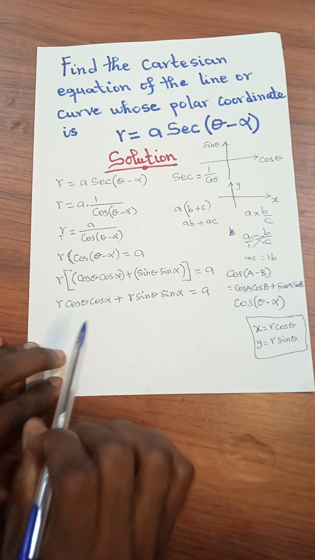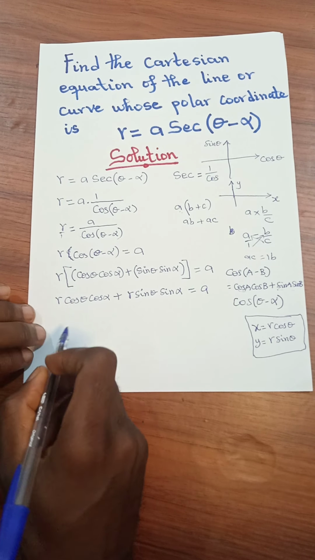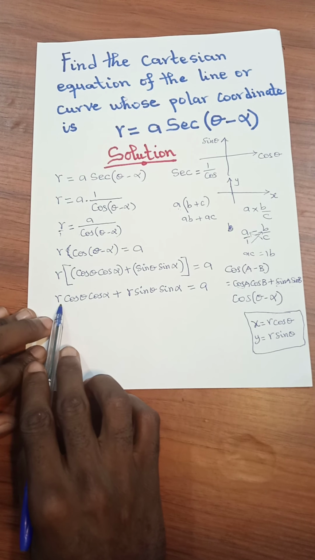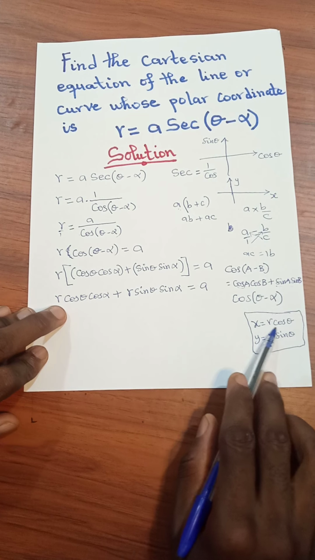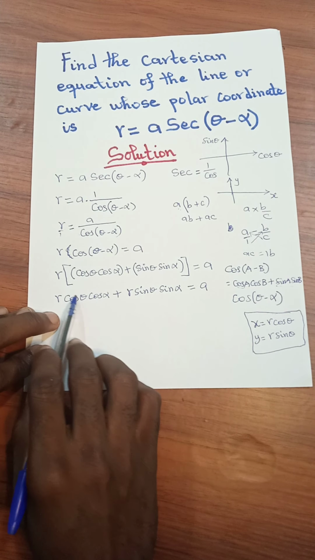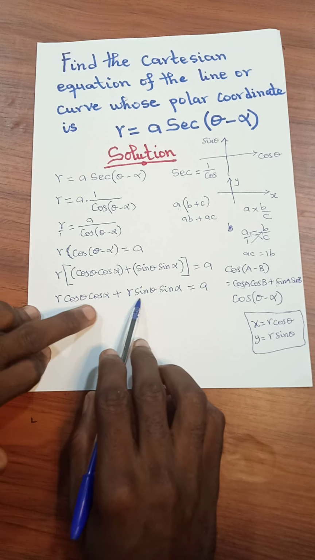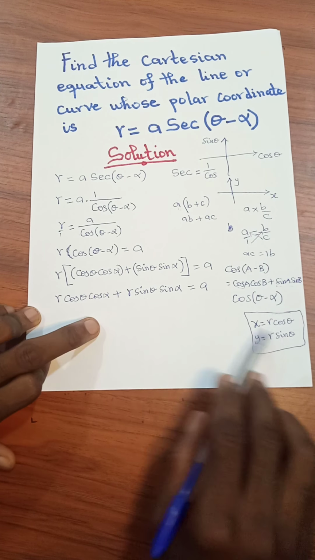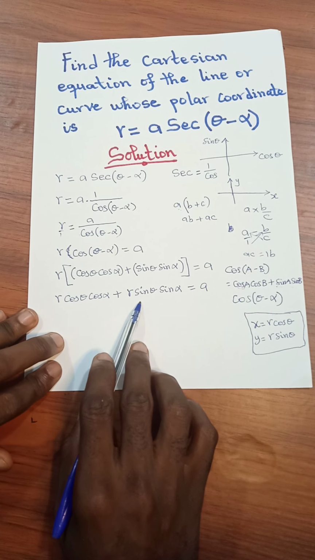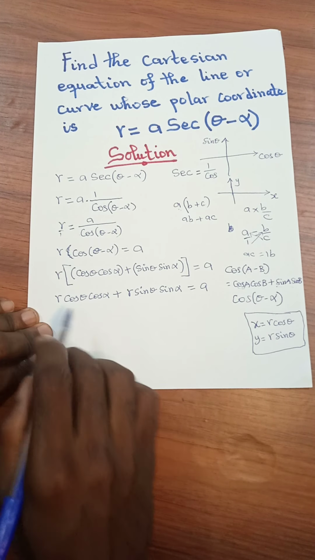Wherever we see r cos theta, we replace it by x, and wherever we see r sine theta, we replace it by y.